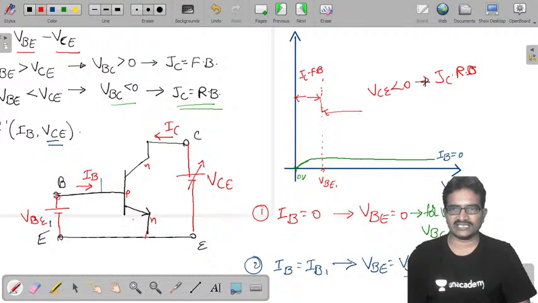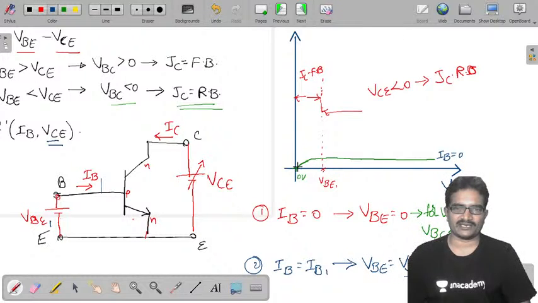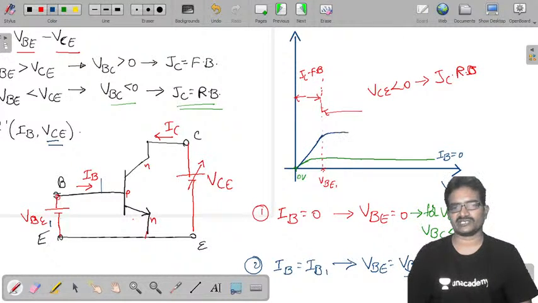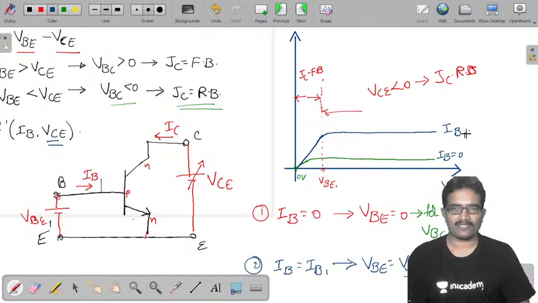Once the collector junction is under forward bias, current is increasing with respect to voltage. And after that it is in reverse bias, so current is constant with respect to voltage. This is the case for IB1.